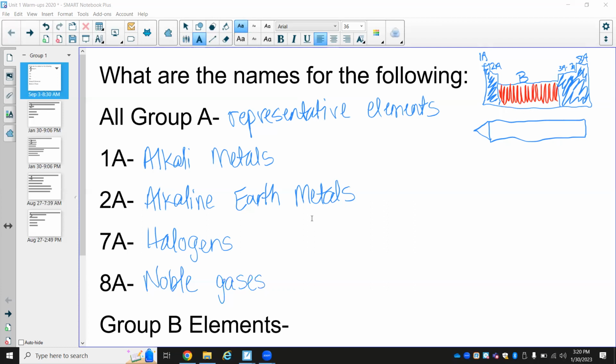Those we refer to as our transition metals. And then I have this down below. It's not shown on the screen, but these two rows at the very bottom that are disconnected from the rest of the periodic table, these we refer to as our inner transition metals.